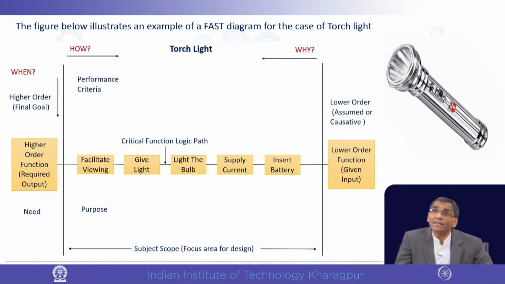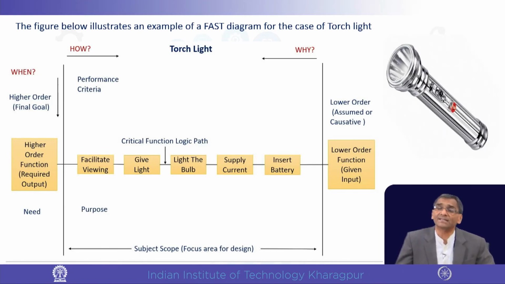So, here we have seen, and now if we question back from the other end, why insert battery? The answer is current is to be provided. Why is current to be provided? Because it will be required for the light bulb. Why is the light bulb necessary? To give light.